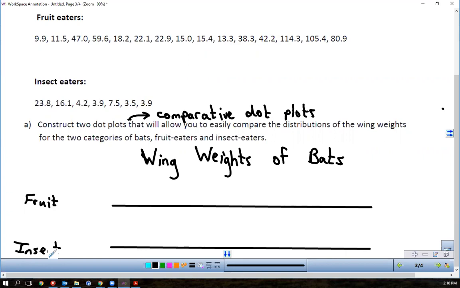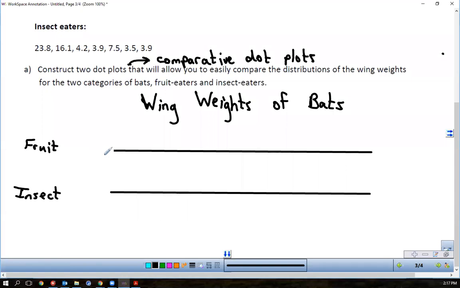So if we look, our smallest one on all the numbers combined is the 3.9, but our biggest looks like 114. So what we'll probably need to do is go from 0 to 120 to capture everything. So we're going to start down here at 0. And ultimately, we're going to end over here at 120.